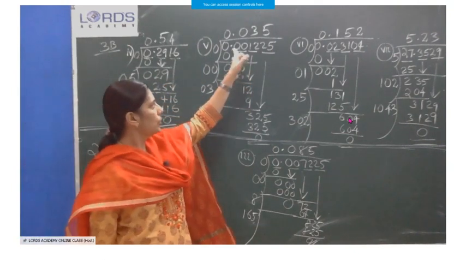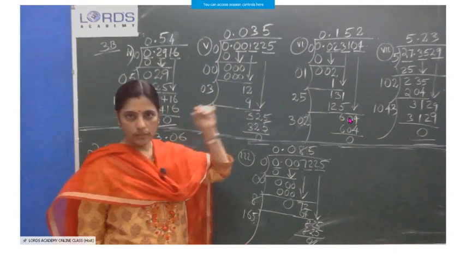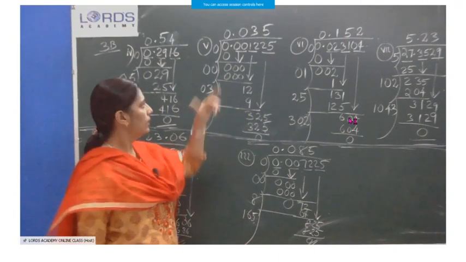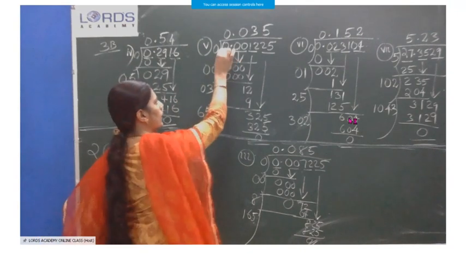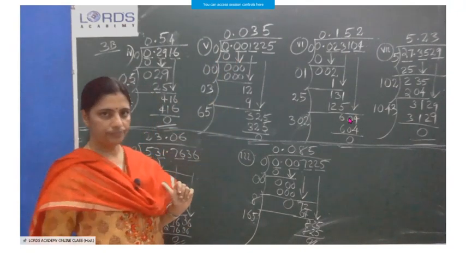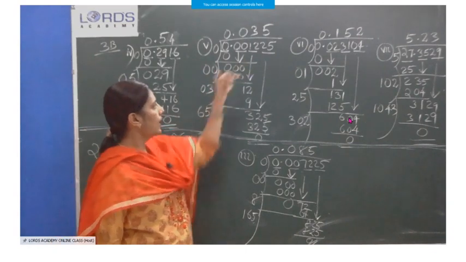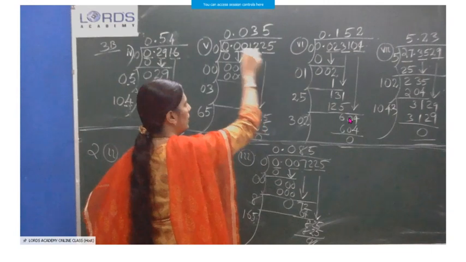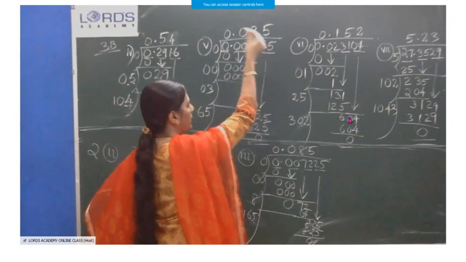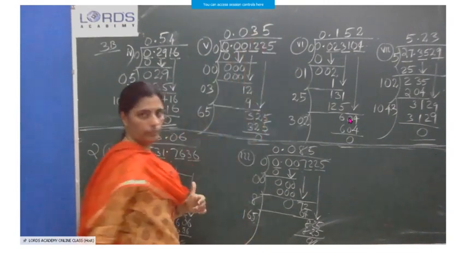Next question, 0.001225. That also I did the grouping. Whole number part, nothing is there, only 0. That you can mark like this, 0 alone. Right side, from here you have to do the grouping, from left to right: 0, 0 in one group, 1, 2 in one group, 2, 5 in one group.